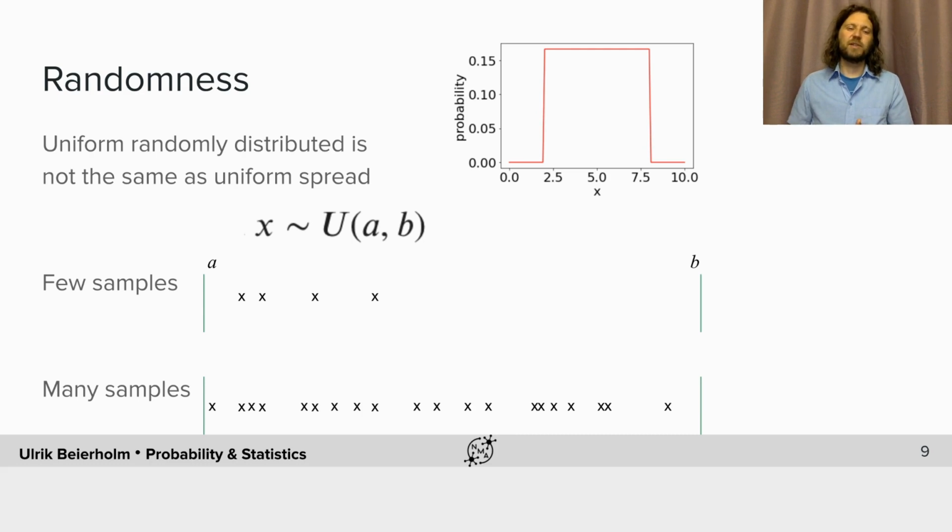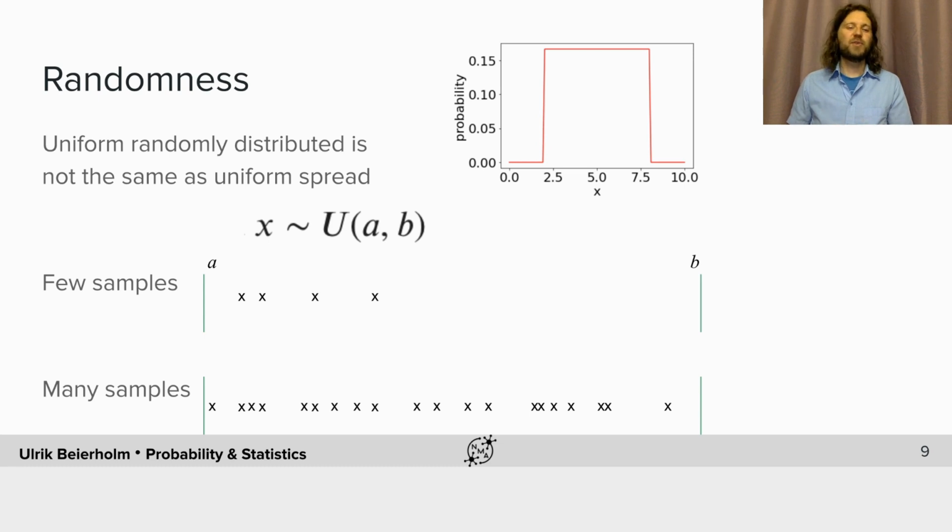And one thing to realize, of course, with randomness is that just because something is distributed randomly according to a specific function or specific distribution, it doesn't actually mean that it's always going to be spread out in a nice way according to that.